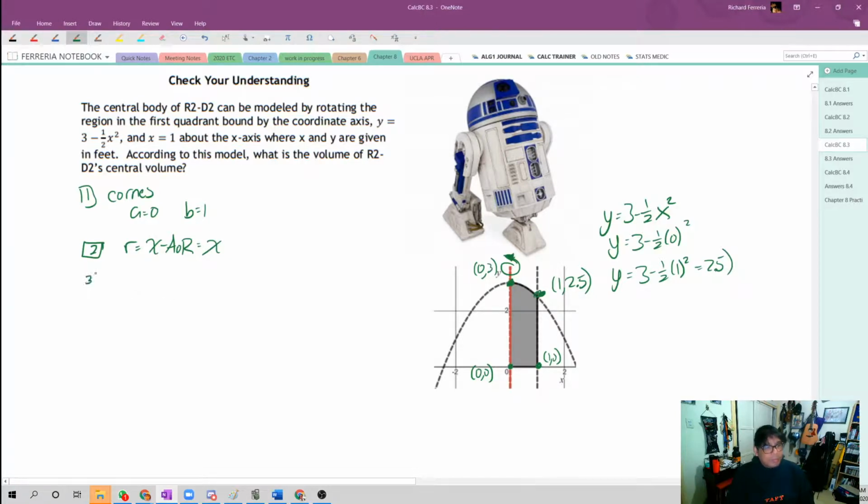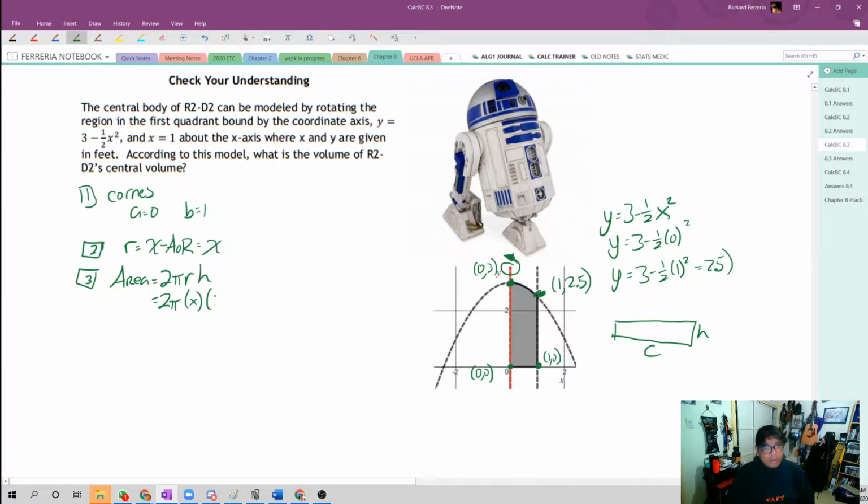Number 3, what about the area formula? The area formula, remember we're going to be making those shells. And the area is the circumference multiplied by the height. Circumference is 2 pi r. And then the height is going to be f of x minus g of x. So 2 pi, the radius is x.